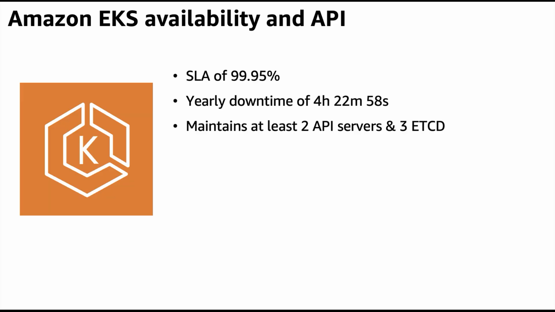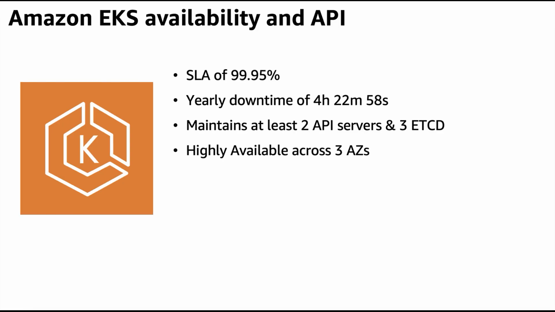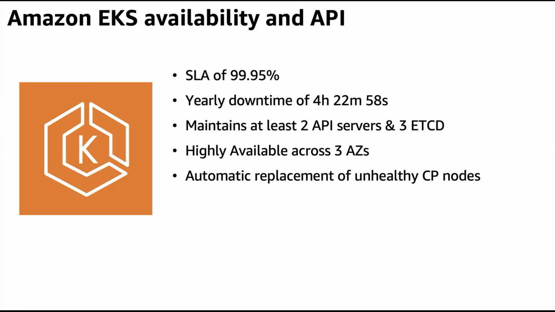The Amazon EKS control plane consists of at least 2 API server nodes and 3 etcd nodes across 3 availability zones at any given point in time for high availability. Amazon EKS automatically detects and replaces unhealthy control plane nodes, which removes a significant operational burden for running Kubernetes. So with this capability, you can focus on building your applications instead of managing AWS infrastructure.